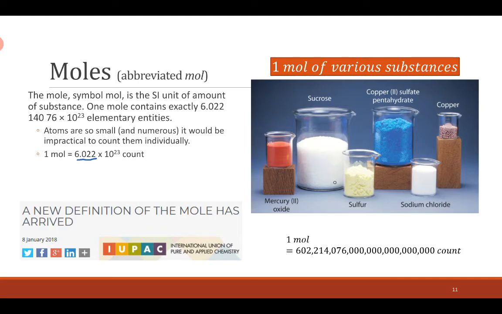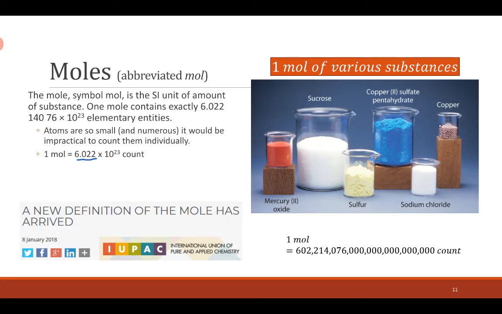And so all of these containers here contain just 1 mole of that substance. You can see that each substance has a different volume to it. All of them would have different masses as well, but each thing has the same number of particles in it.